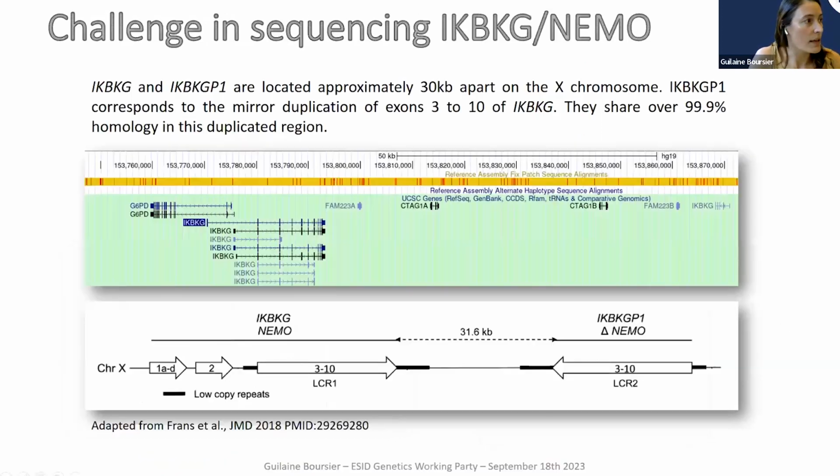Moreover, another challenge in sequencing the EKBKG gene is that there is a pseudogene called EKBKGP1, and this pseudogene is located on the same part of the X chromosome, and it corresponds to the mirror duplication of exons 3 to 10 of EKBKG.